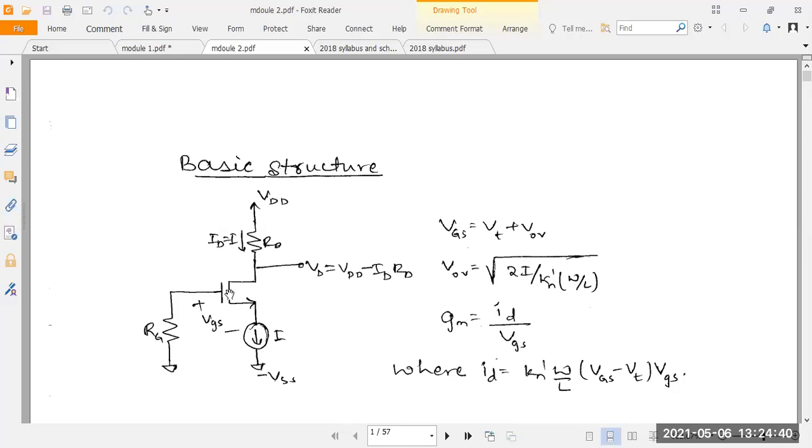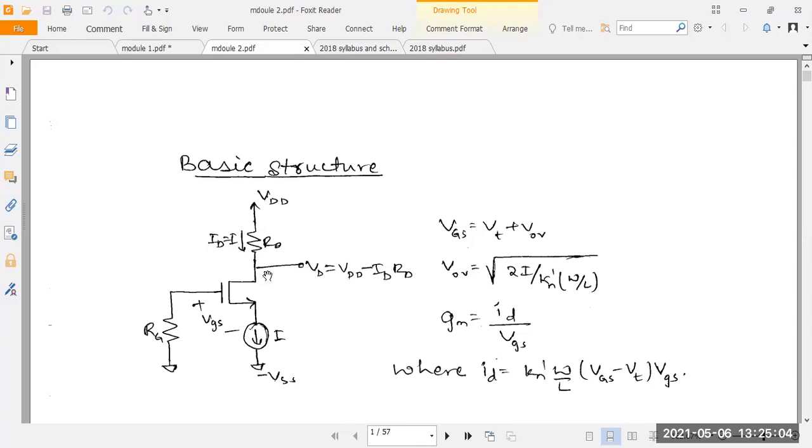Understood? When I come to the gate side, the gate terminal is connected to a resistance, the gate resistance RG, and after that it is connected to ground. Then you take the drain. The drain terminal is connected to the supply voltage VDD. VDD means DC supply, right?